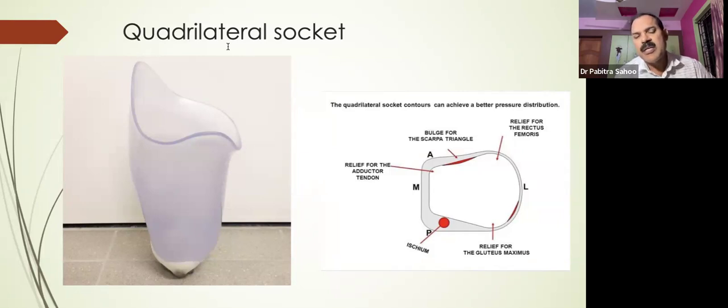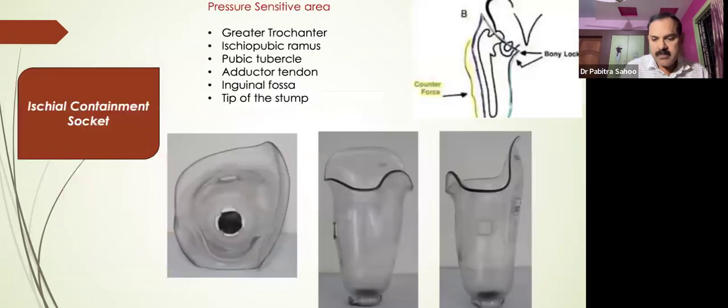Suppose somebody has a 10 degree flexion deformity at the hip joint, and you are planning to fit a quadrilateral socket to that stump, so you have to have a 20 degree flexion adjustment at the socket level: 10 degrees to accommodate the existing flexion deformity of the stump, and 10 degrees for the inherent flexion attitude of the socket. This is how the hip flexion attitude is decided during the fabrication procedure.